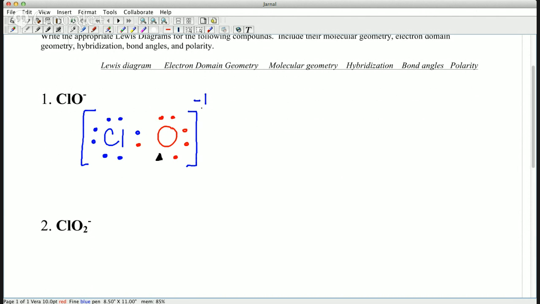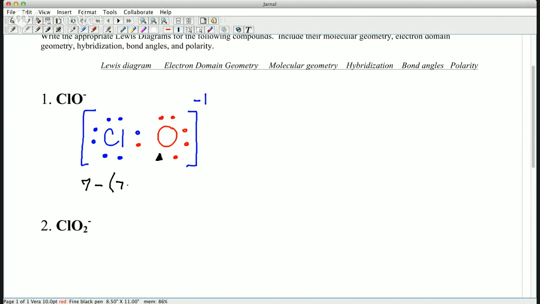Okay, now what we can do now is use our formal charges to figure out if in fact our structure makes sense, and it gives me a -1. So what I can do is say, okay, the chlorine here has 7 valence electrons. I subtract the assigned electrons. Now the assigned electrons are half of its bonding, so that's 1, plus all of its lone pairs.